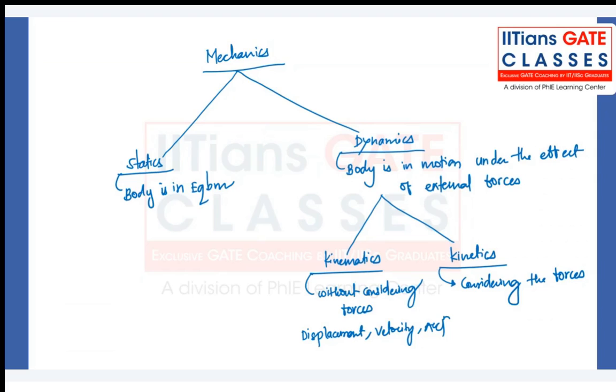We never talk about the strain developed or deformation in this. That part we study in strength of materials and other subjects. Why? Because in this subject, the assumption is that the body is a rigid body. Whenever we are dealing with mechanics, our main assumption is that the body is rigid.